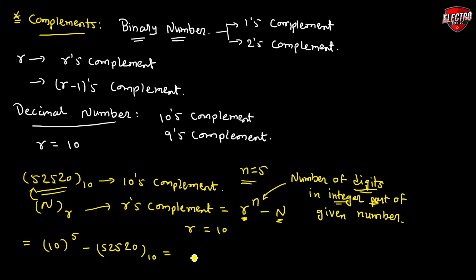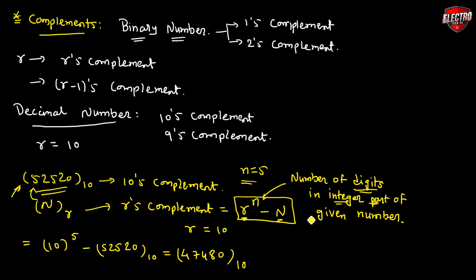If we simplify, we get 47480, and it is the 10's complement of the given number. Clear? So this is the general or standard equation to convert the given number into the R's complement.